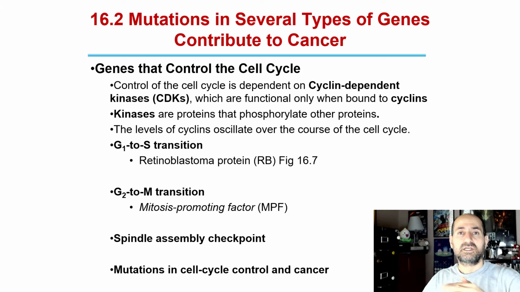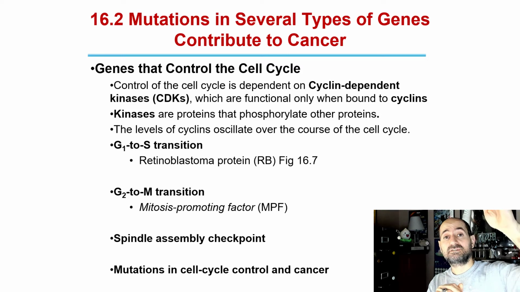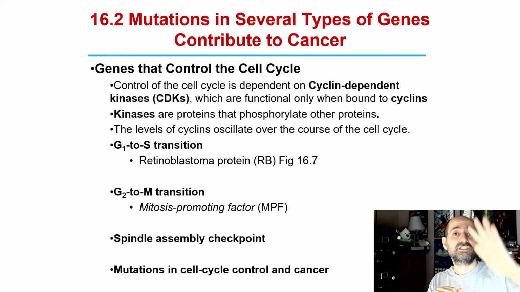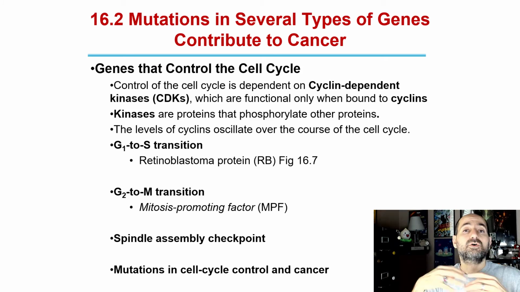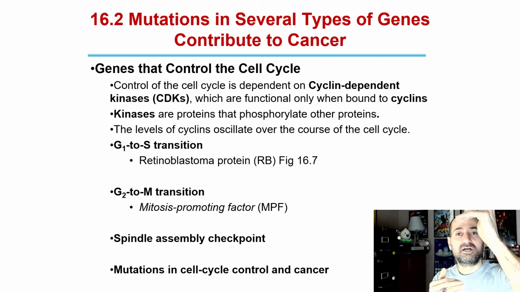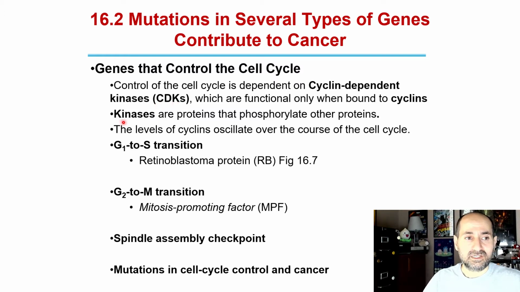the cell cycle. So during G1, you might have a lot of one type of cyclin in the cell. During G2, you might have a lot of a different cyclin in the cell. And only when those cyclins reach a high concentration can they interact with the CDKs and activate them. When the cyclin-dependent kinases are active, they do their job.